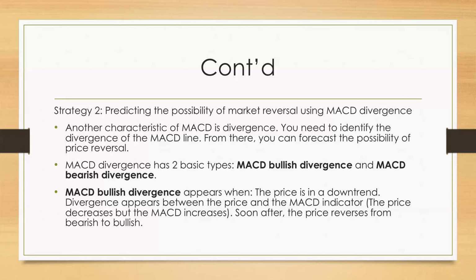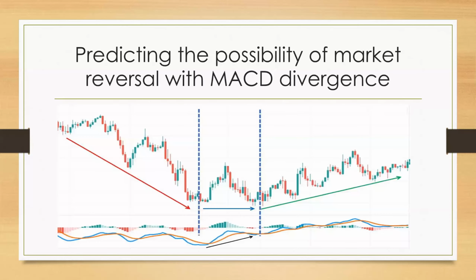Divergence appears between the price and the MACD indicator. That is, the price decreases, but the MACD indicator increases. Soon after, the price reverses from bearish to bullish. Let's see that in action. Look here. The price is going down, right? We are looking at divergence. They are opposite each other now.